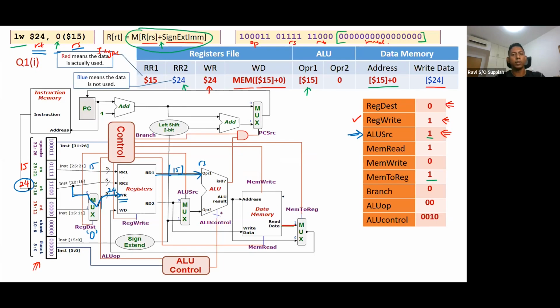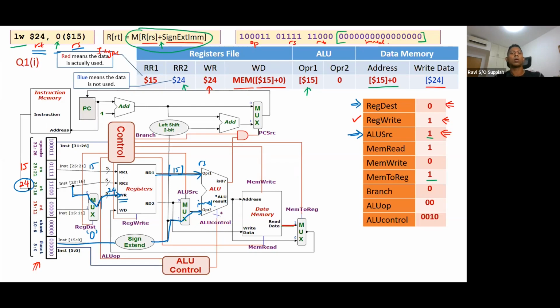This is your RS value. For this instruction, the second operand should be the immediate value, which is coming from here. For that, I need to make sure that ALU source is set to 1. So the register destination is 0, and the ALU source is 1.